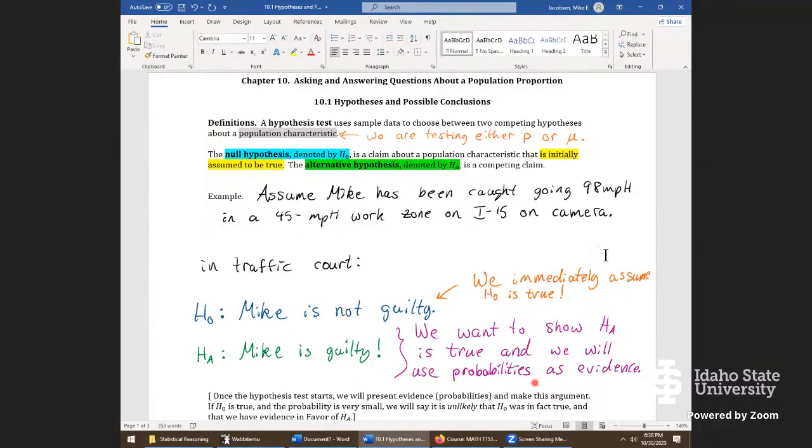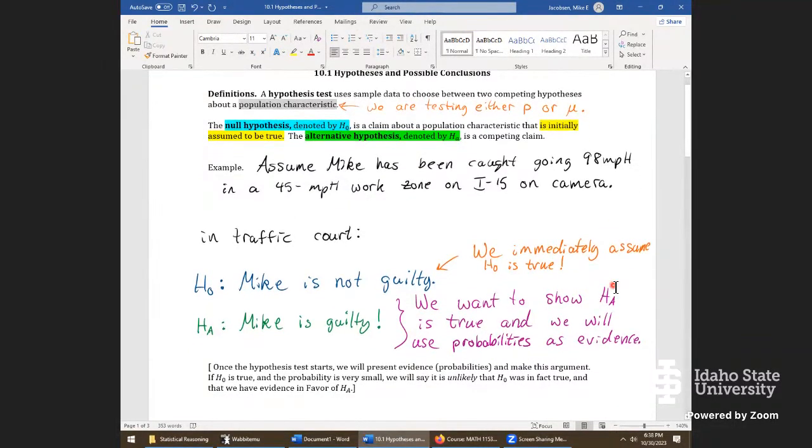The alternative competing hypothesis. So said a different way, going through the court of law, they might say, well, the probability of Mike actually not speeding, the null hypothesis is true, and I'm not guilty of speeding, but we found all of this evidence here, that probability is 0.003. There's only 3 chances out of 1,000 that Mike could be not guilty, but we found that evidence.